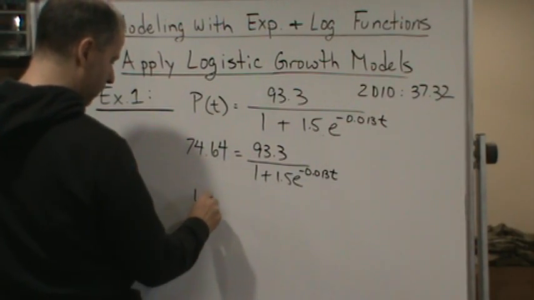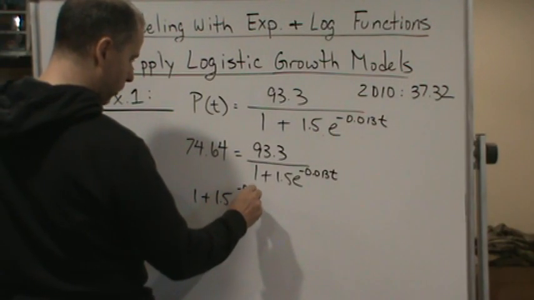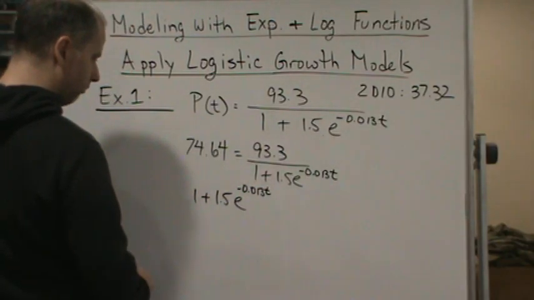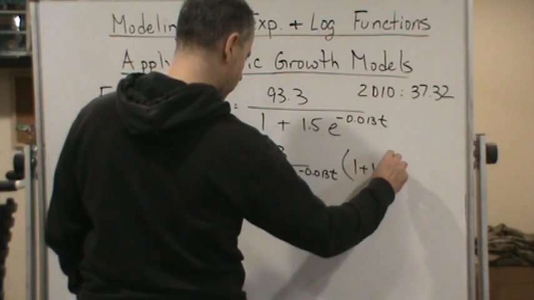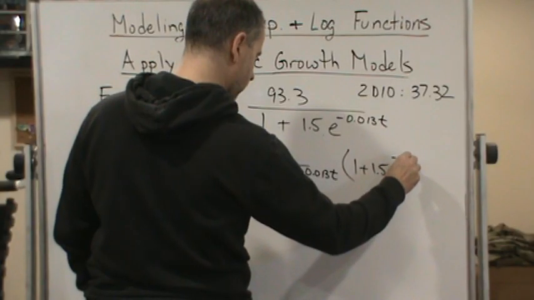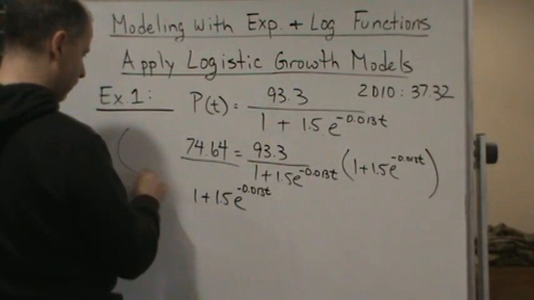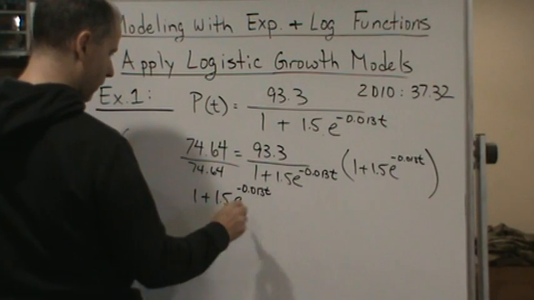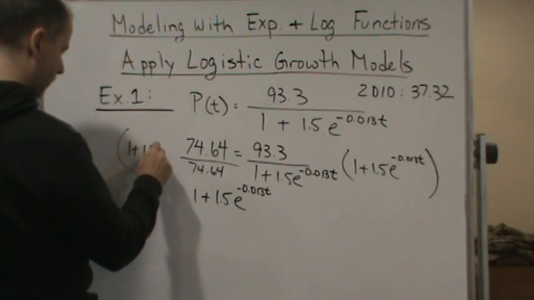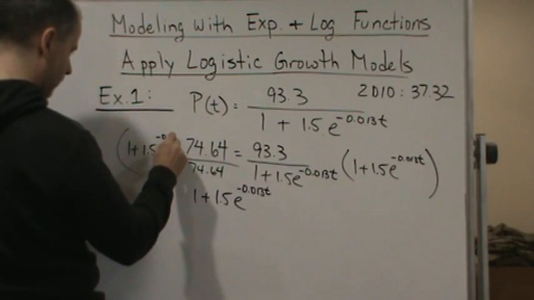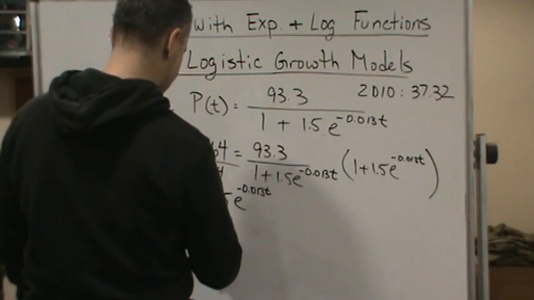So I'm going to get 1 plus 1.5 e to the negative 0.013t, because all I'm doing is multiplying by this, and then dividing both sides by this.